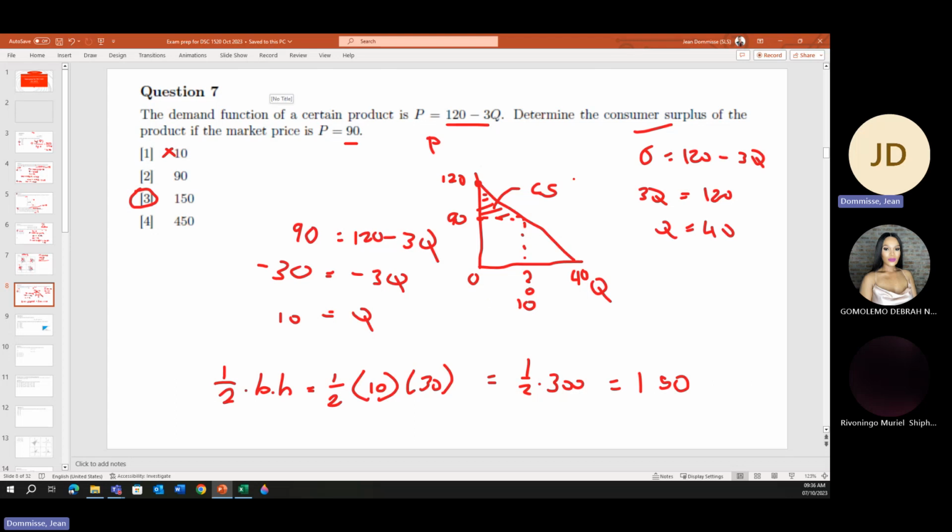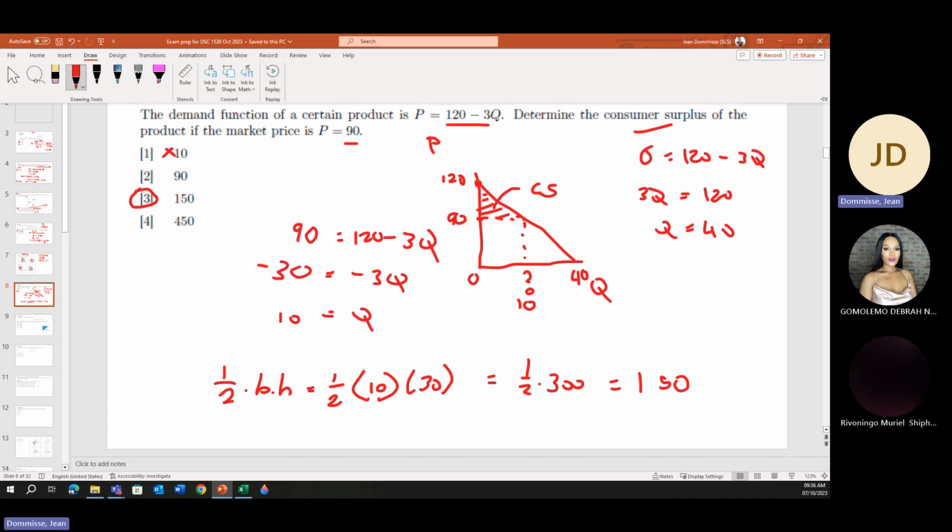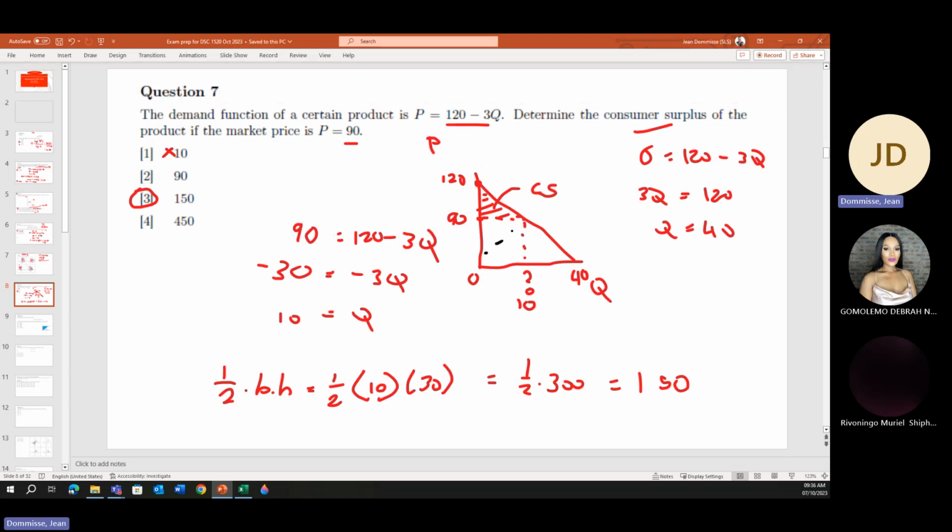They could normally have asked or added another line. So instead of telling us P is 90, they could have given us that line that goes through there. Then we would need to put the two together and calculate what that point is.